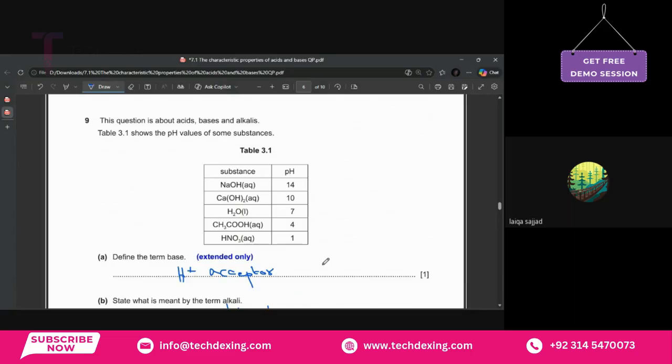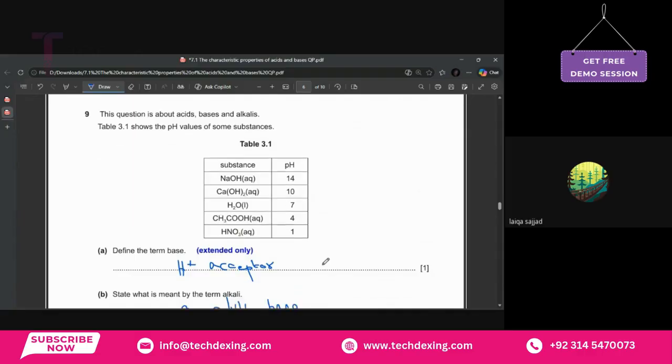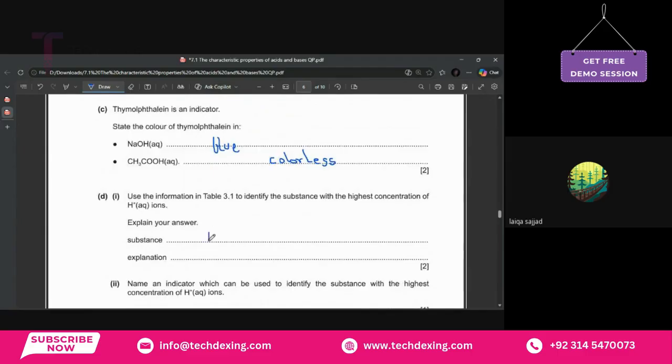HNO3. Very good, excellent. How is it related to the pH? The substance with the highest concentration of H plus ions is a very strong acid, and a strong acid will always have a very low pH. So the substance with the least pH has the highest concentration of H plus ions. So HNO3 is the substance.